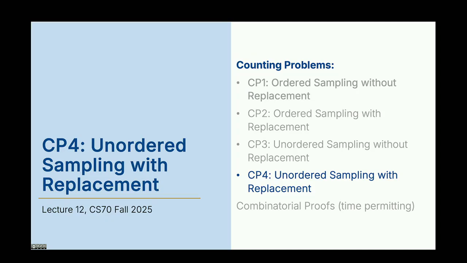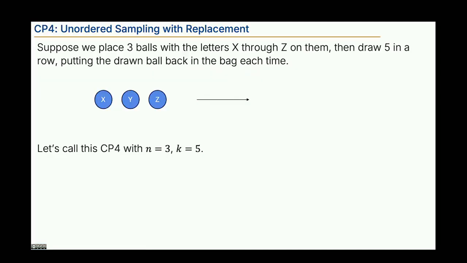That's what we're going to do. Great. Okay, so let's suppose we have 3 balls with the letters X through Z on them. And then we draw 5 in a row, and we put the ball we drew back in the bag each time. So maybe the first draw I get X, then X, then X, then X, then X. Then I have X, X, X, X, then Y. Maybe the next time I get X, X, Y, Y, Z. Those will all be different outcomes.